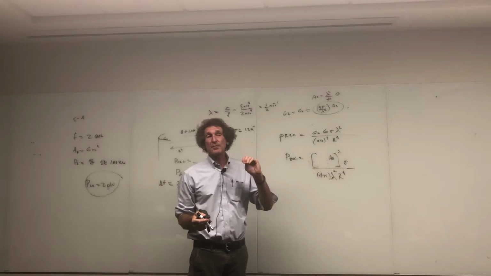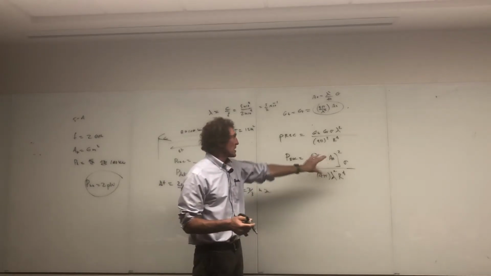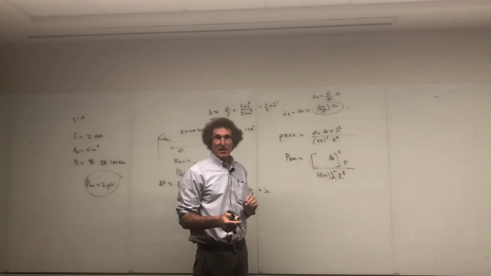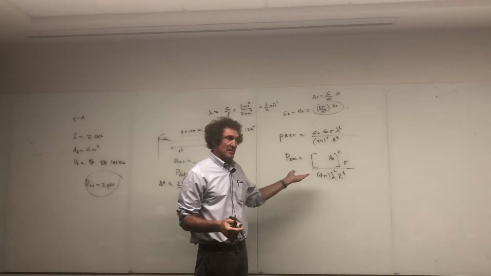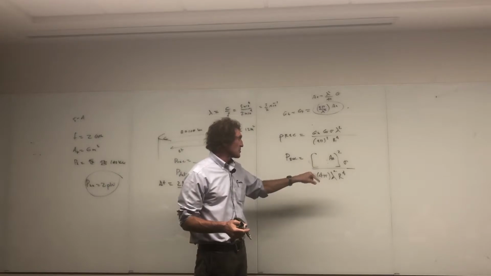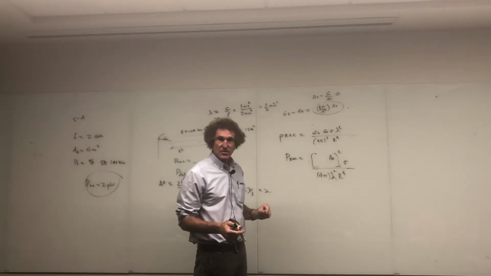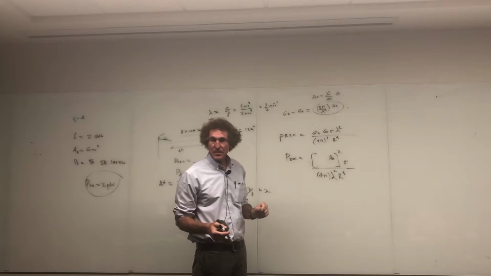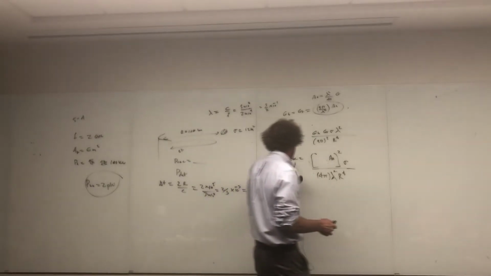The only thing I'm trying to do is reduce the number of mathematical steps. So I've got area squared sigma over 4 pi, lambda squared over R to the fourth. I'm solving for R. Do you all see this, class? This is not a hard thing to see. I've got an equation with R as the only unknown because everything else is given.